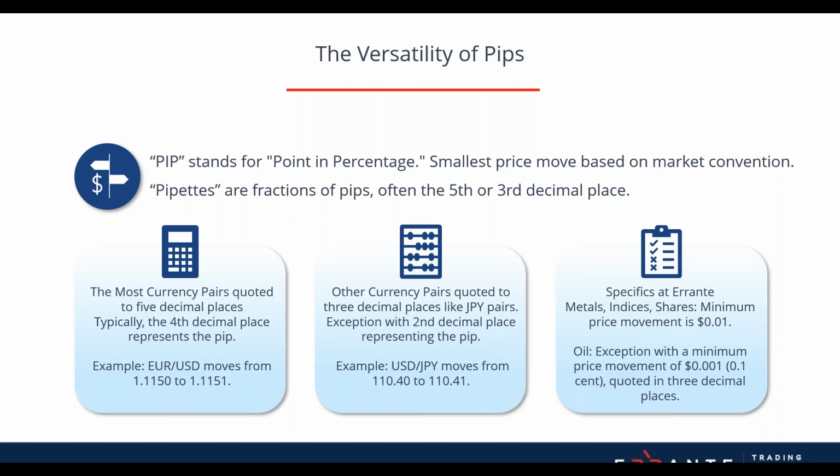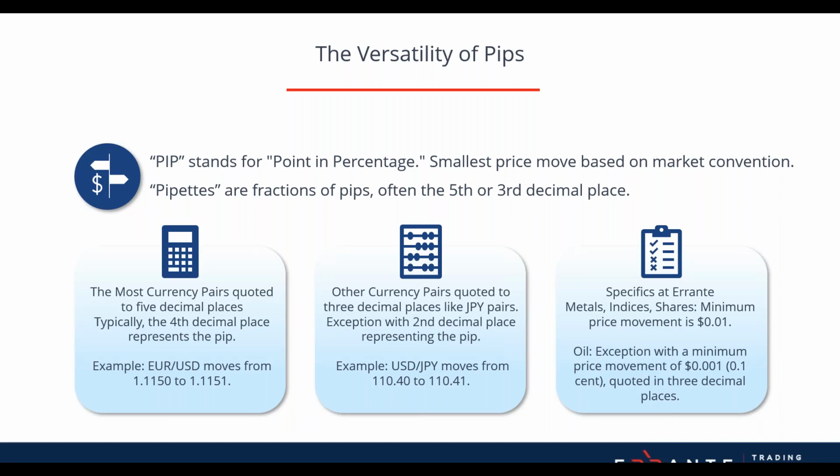But for currency pairs involving the Japanese yen like USD JPY, a pip is the second decimal place, which is, 1 pip in those yen currency pairs is 0.01.